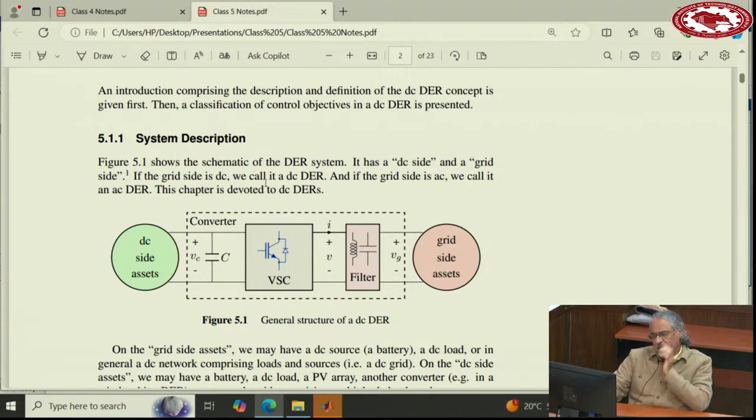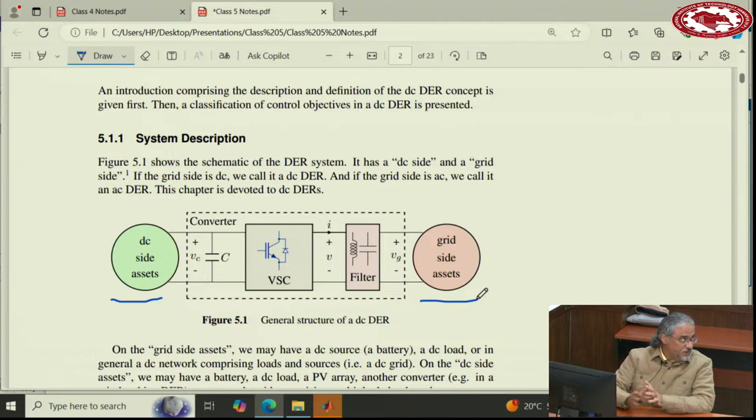Here basically we have two sides again, and we consider both sides to be DC in terms of form of electricity, but we do not specify what they are. They can be single units or a combination of units or things like that.